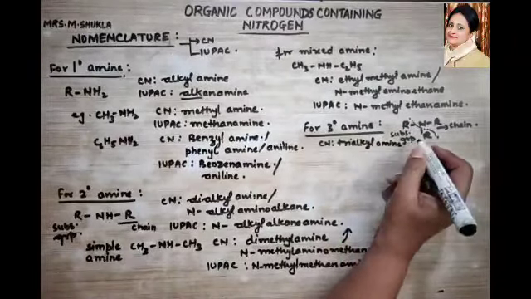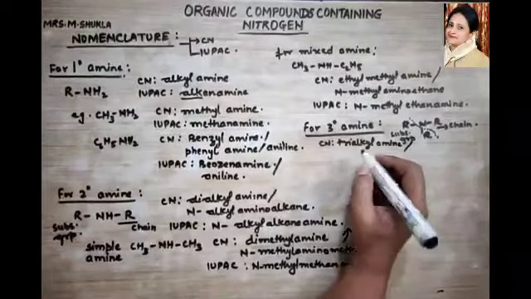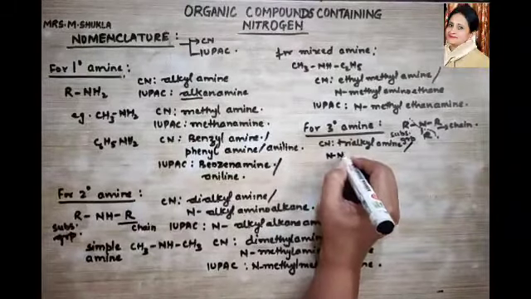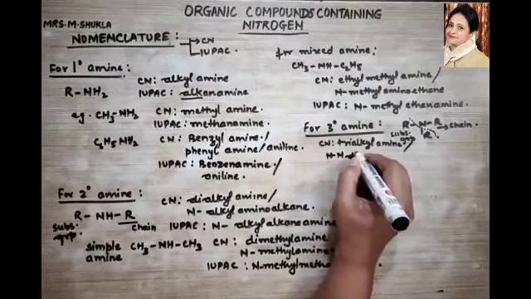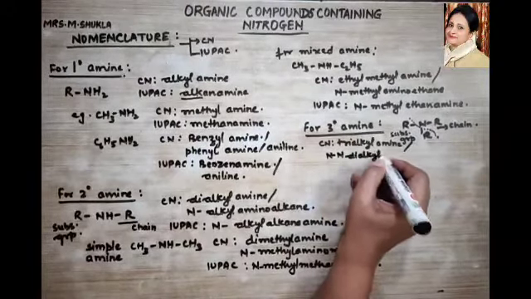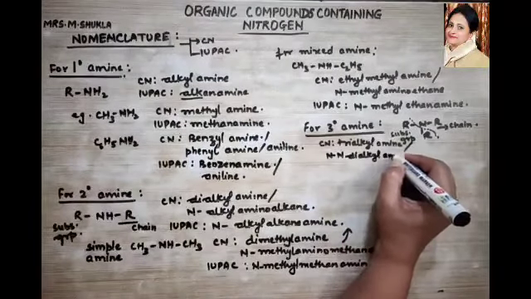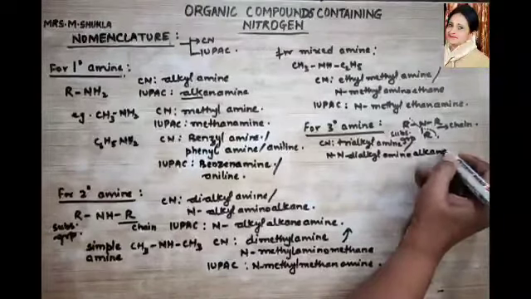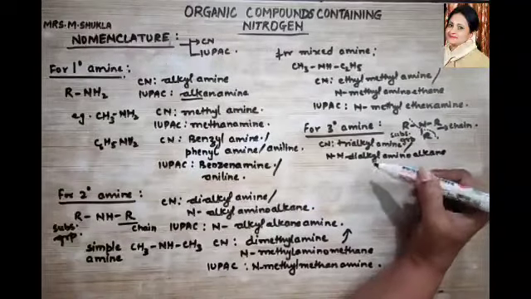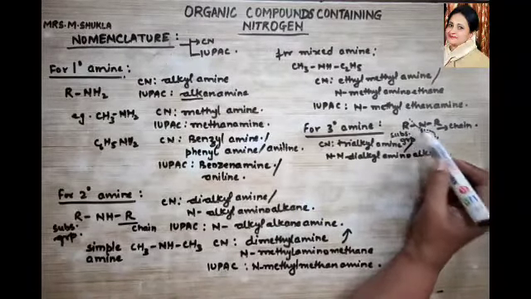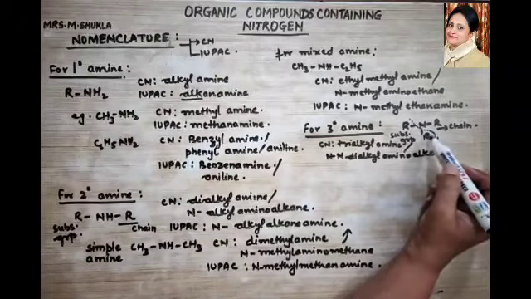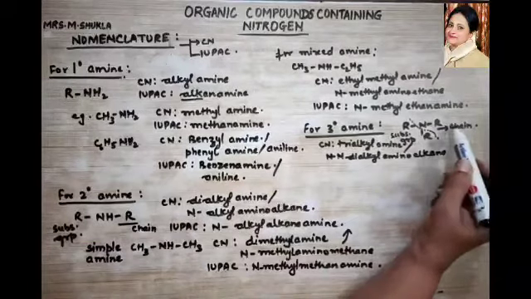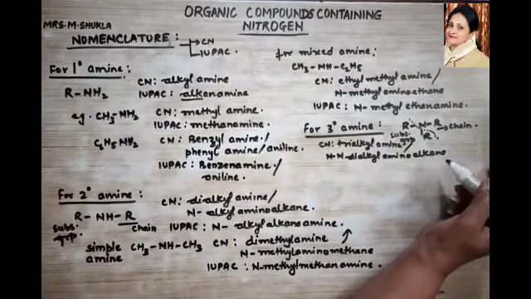This can also be written as N,N-dialkylaminoalkane. These two substituted groups will be the same alkyl, then amino, and then you write the name of the chain as alkane.